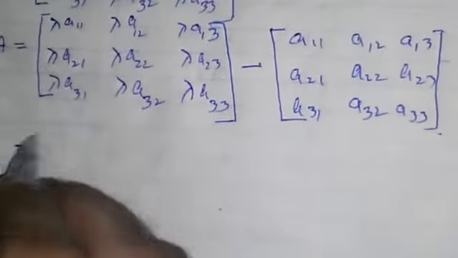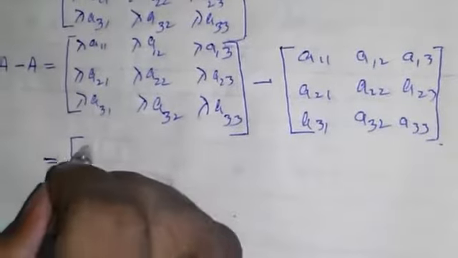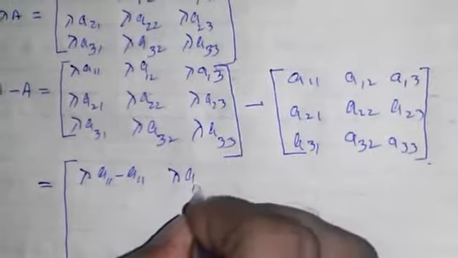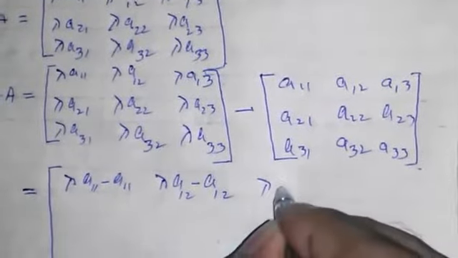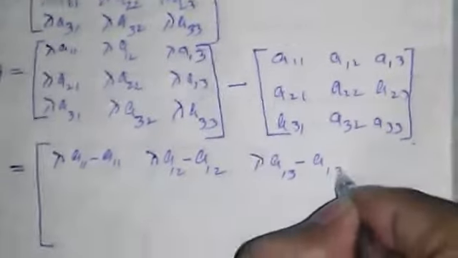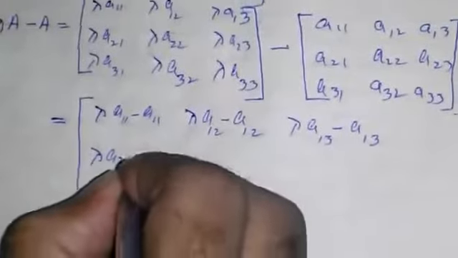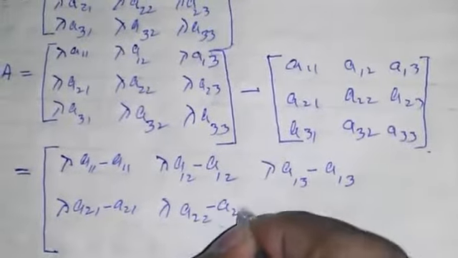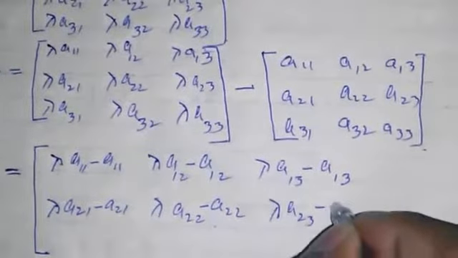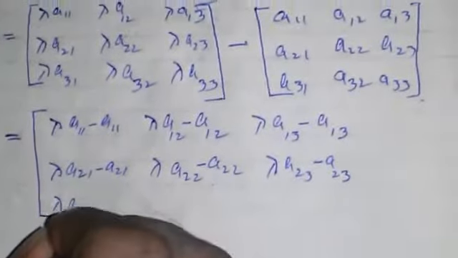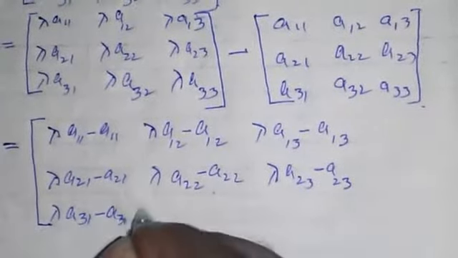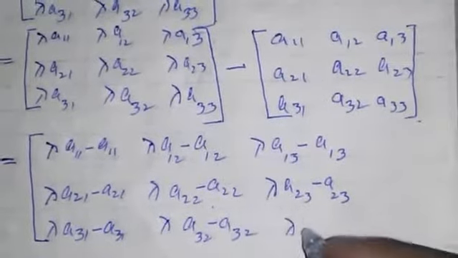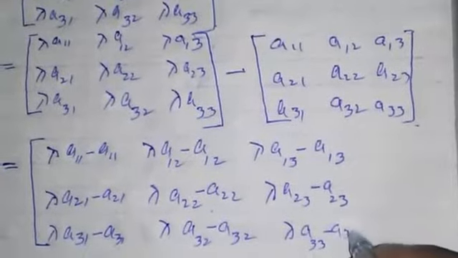So this is equal to lambda A11 minus A11, lambda A12 minus A12, lambda A13 minus A13, similarly lambda A21 minus A21, lambda A22 minus A22, lambda A23 minus A23, lambda A31 minus A31, lambda A32 minus A32 and lambda A33 minus A33.